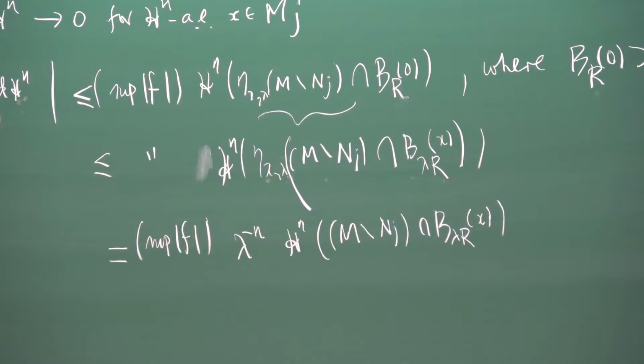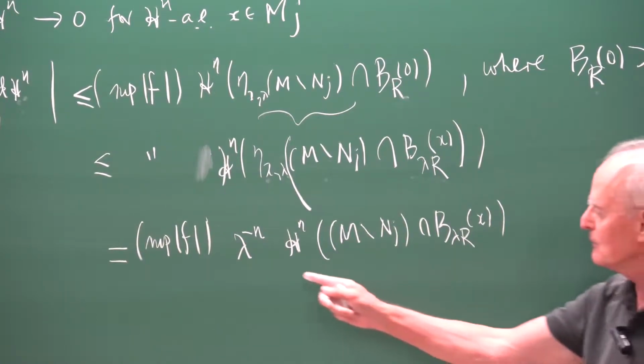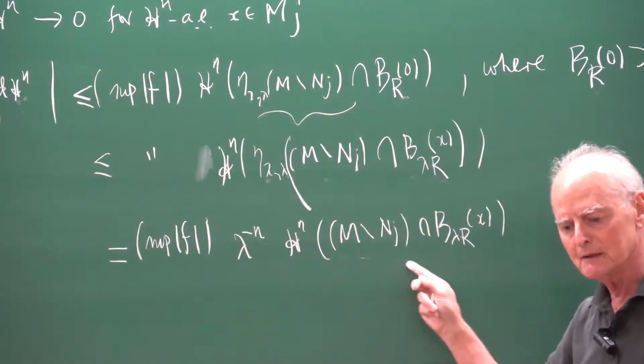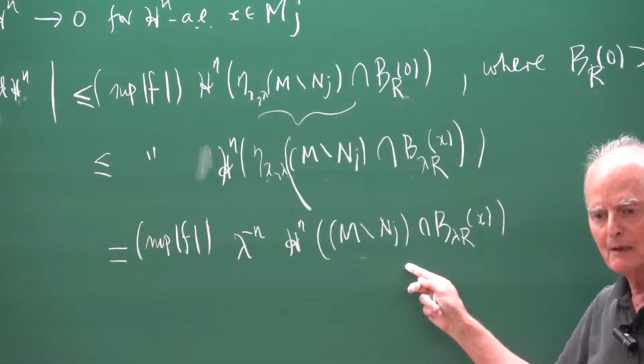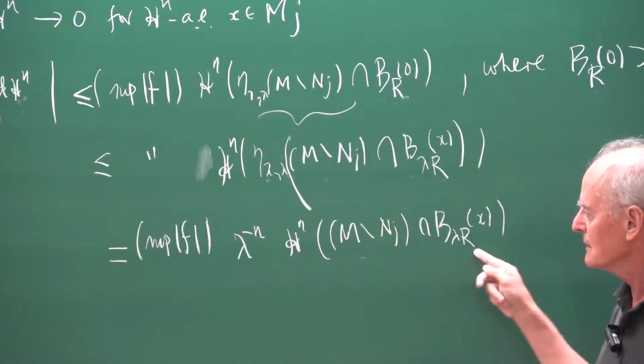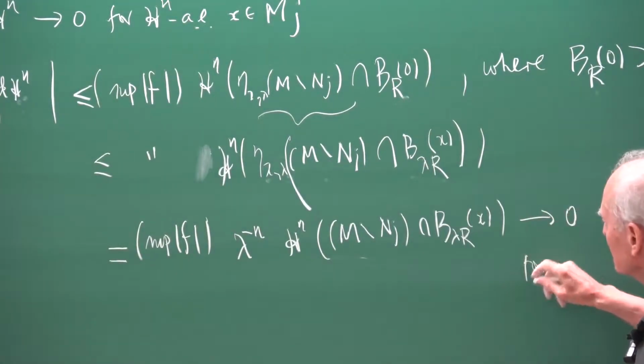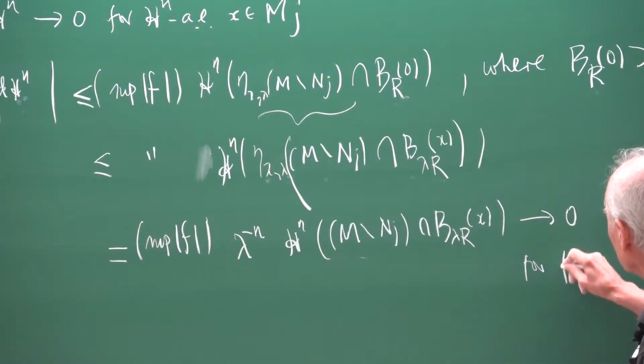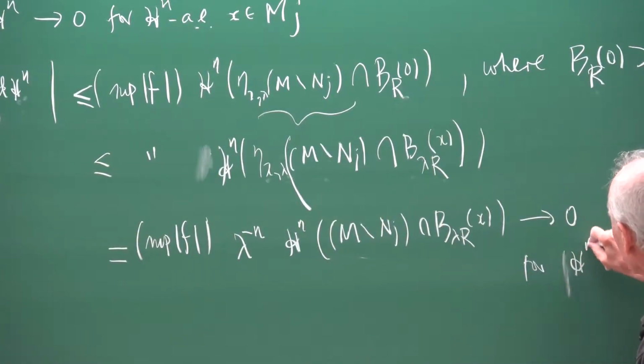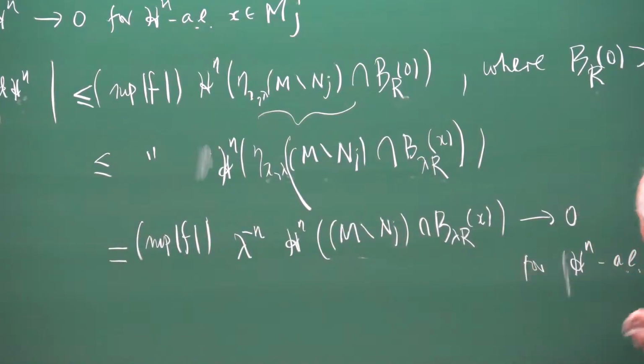Now stare at that for a minute. You remember this is covered by one of our basic theorems, the upper density theorem. The upper density theorem says that this tends to 0 for H^n almost every x in N_j.